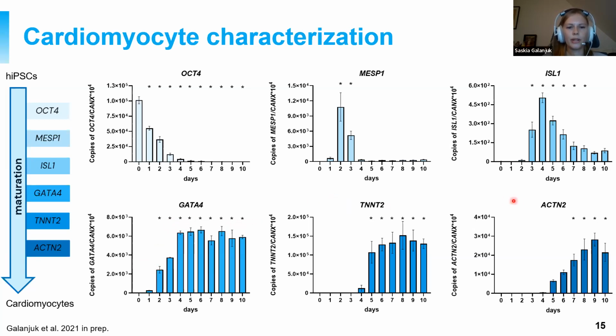And TNNT2 and alpha-actinin 2, specific cardiomyocyte markers, are the latest to arise. While TNNT2 is significantly upregulated from day 5 onwards, the same holds true for alpha-actinin beginning 2 days later, from day 7 onwards.